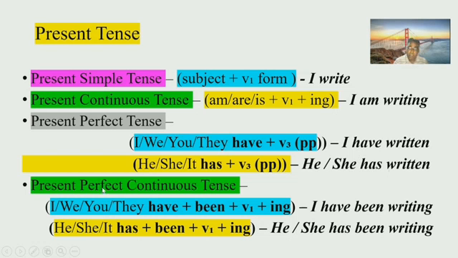And we'll come to the last one under present tense. So what is the last one? Present perfect continuous tense. Here we find the continuous, we find the perfect, we find the present moment, but the action is continuing.